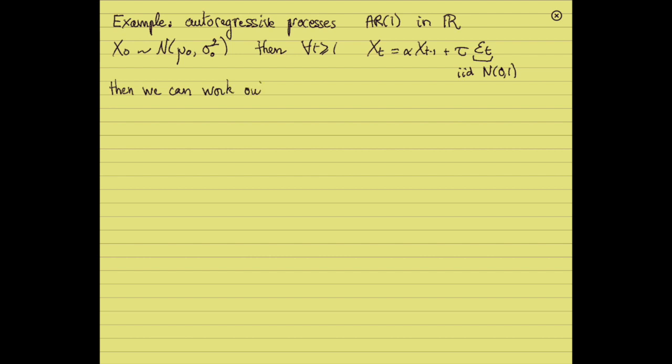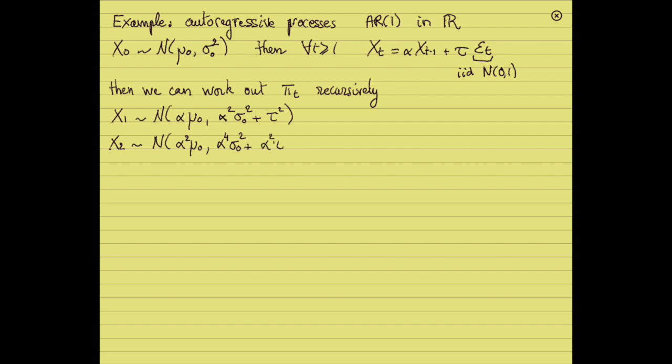Then we can work out, in that particular case, the marginal distributions pi t exactly, recursively exactly. So in particular, we can work out by calculation that x1 is normal with mean alpha mu 0 and with variance alpha square sigma 0 square plus tau square. We can likewise compute the mean and the variance of pi 2.